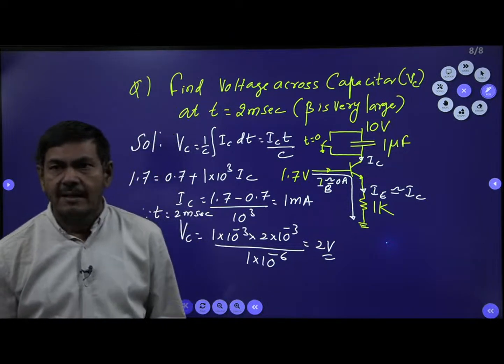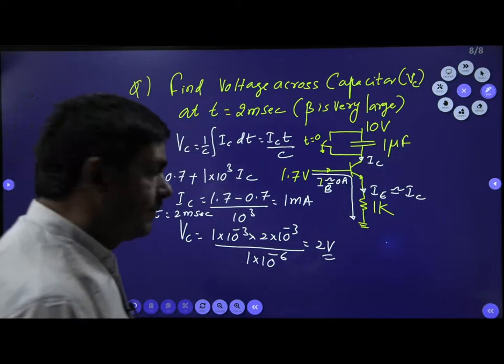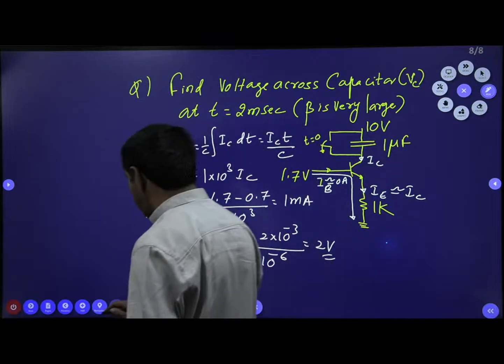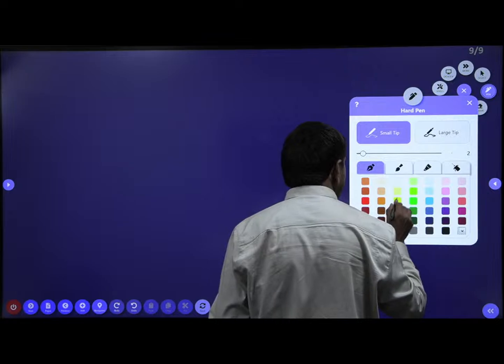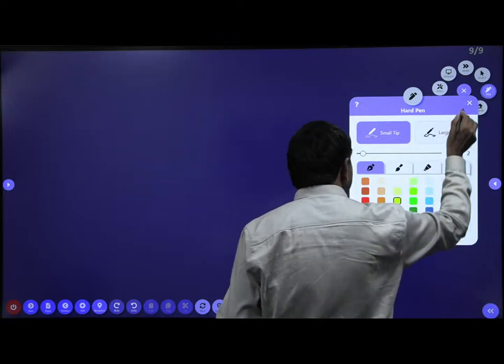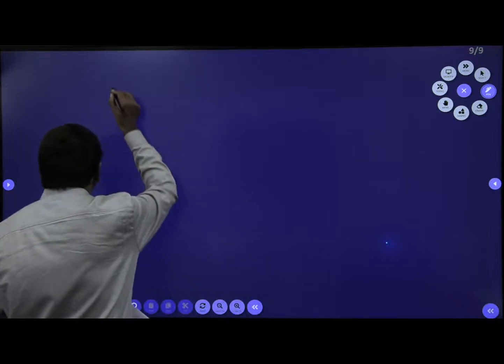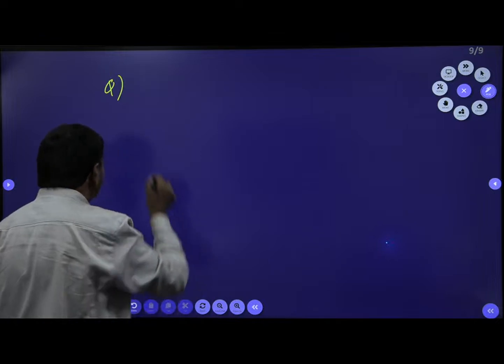And I want to give one more question. We can do this question now, one more. Next question. I will give two transistors here now. Find IC1 and IC2.